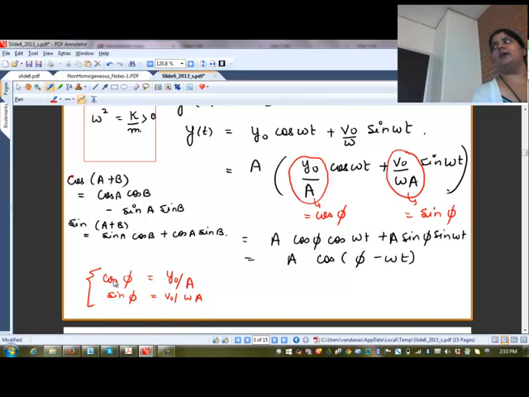Well, any other way, any trig identity you know, which can get rid of this phi completely? We don't have any phi.